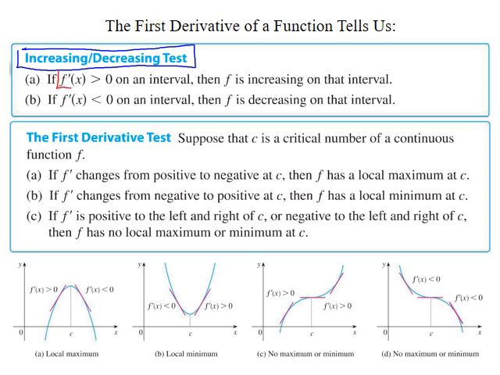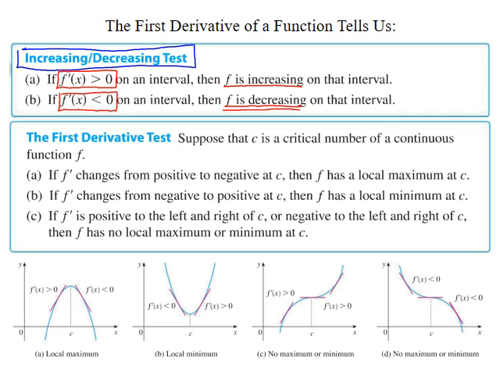If the first derivative is positive on some interval, then we say that the original function is increasing, versus if the first derivative is negative on some other interval, then on that interval we can say that the original function is decreasing.